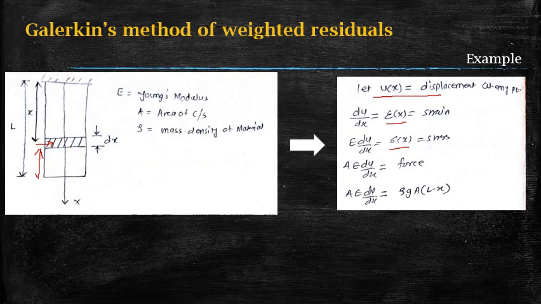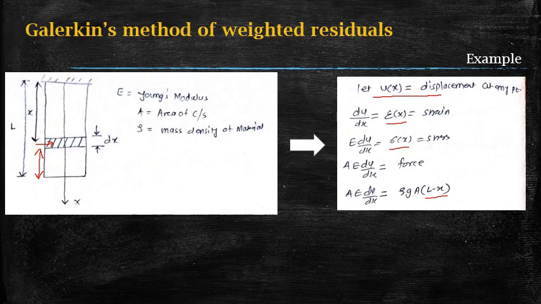This strip of length dx has to support the weight of the bar which is below it. What is the length of the bar below it? If the total length is L, then L minus x is the length whose weight has to be supported by this strip having thickness dx, which is present at a distance x from the fixed support.